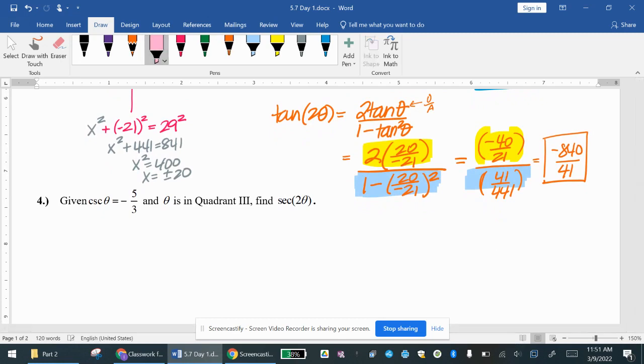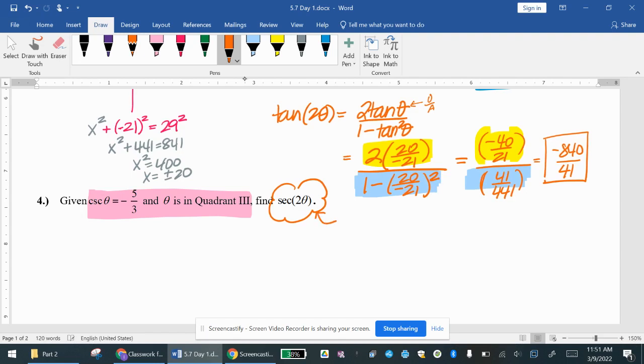Okay, next one. They've given me information about an angle theta, and they want me to find the secant of 2 theta. So secant of 2 theta is not on the list of identities, but here's what I want you guys to remember: secant is the reciprocal of cosine.